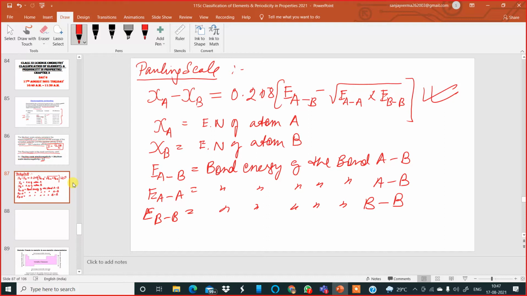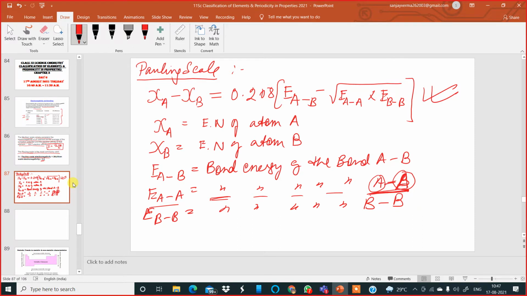So that's EAB, yes. This EAB means the bond energy of the bond between A and B, in the molecule AB, the bond which is formed between A and B. I'm talking about the bond energy, that means the energy with which A and B are held together. That is the bond energy of the bond AB. Is that clear now?